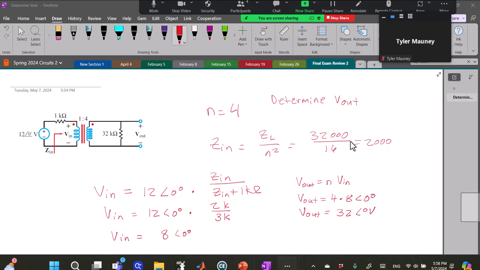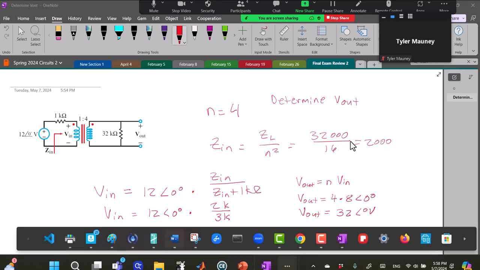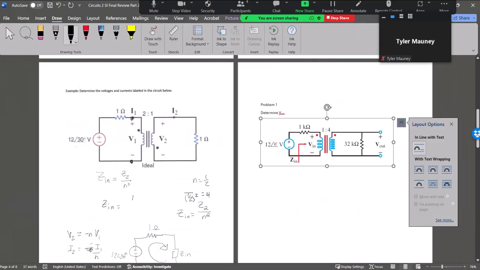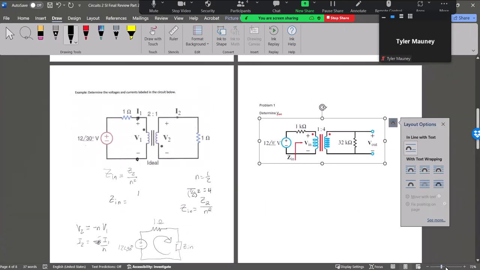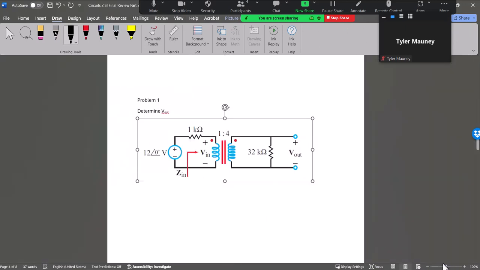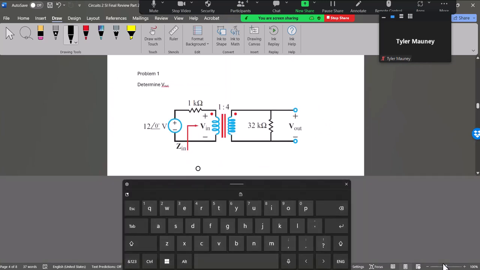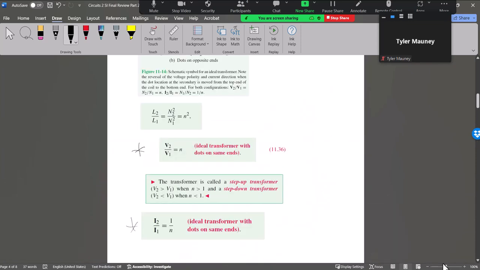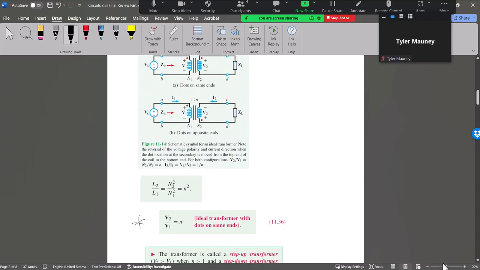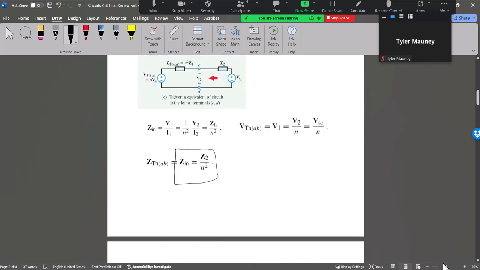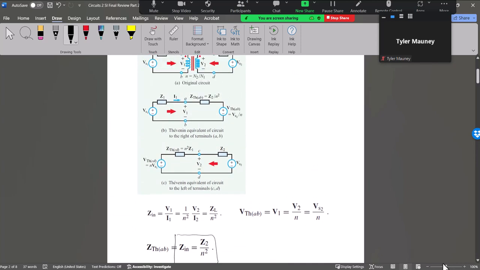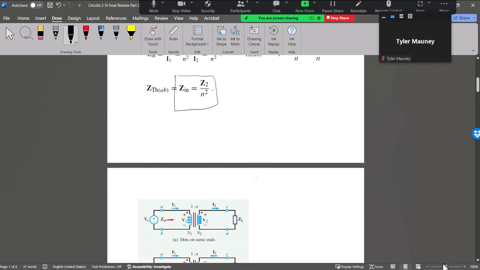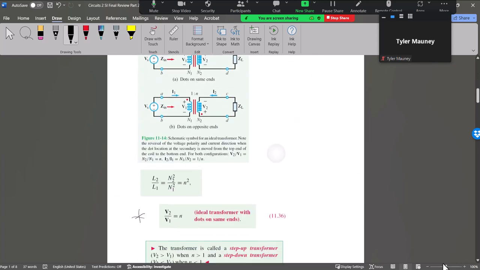I know that because V out is V2. It's in parallel. Yes, it's in parallel, so it is the same as V2.